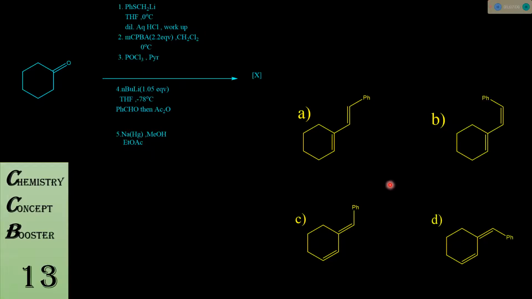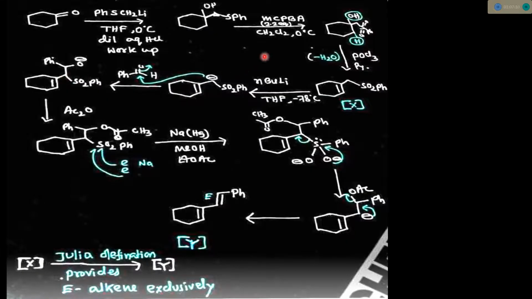First we will treat every reagent with that compound and try to understand the mechanism. So cyclohexanone, with PhSCH2Li meaning PhSCH2 minus is there. So this CH2 minus will attack this carbonyl carbon. So after aqueous workup, OH will form.